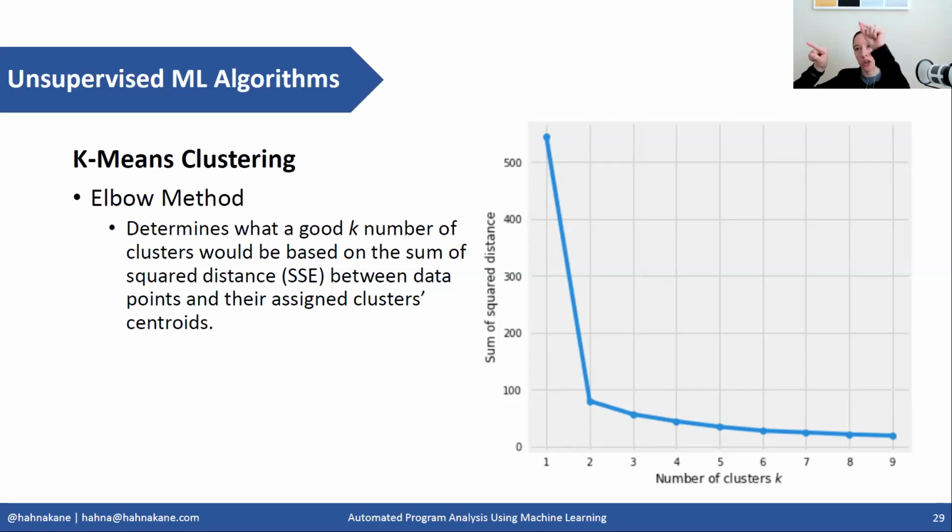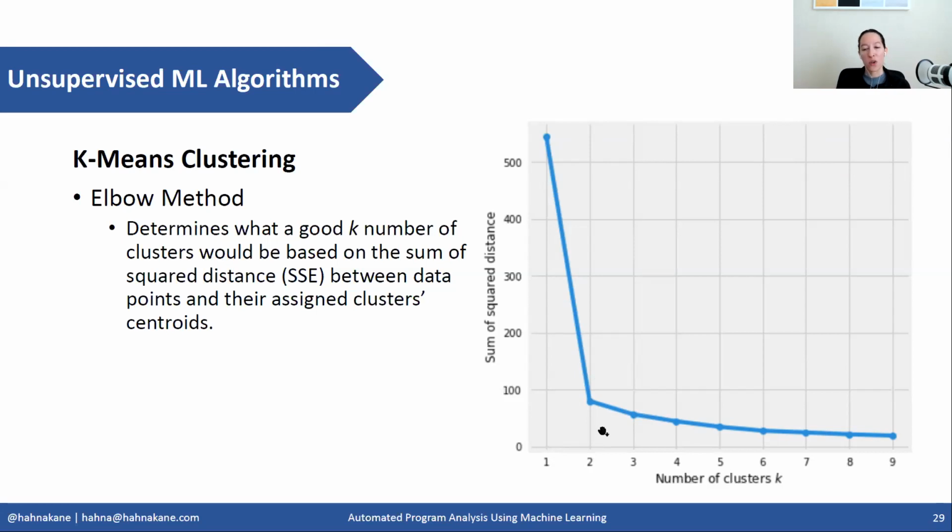And if your prediction is off from that line, you want to know what that deviation is. And so essentially that's what the sum of squared distance is. It's just looking at the deviations of these distances, calculating them in a way that will allow us to then determine what the number of optimal clusters would be.